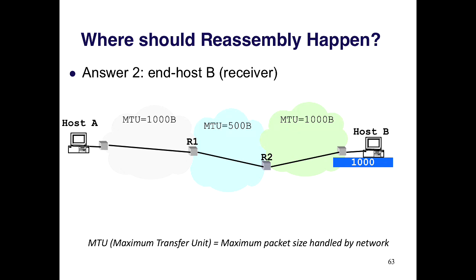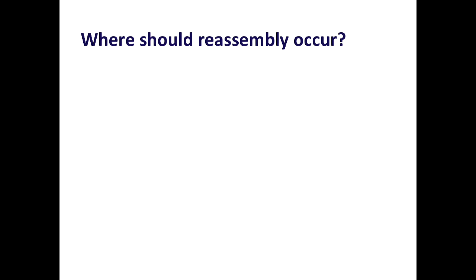Which one do you think we should do? A hint here is think of the end-to-end principle. Packets can take different paths, so that certainly constrains me to two possibilities for where I can do reassembly. I could do reassembly at the router that's at the other end of the link, or I can do reassembly at the destination.